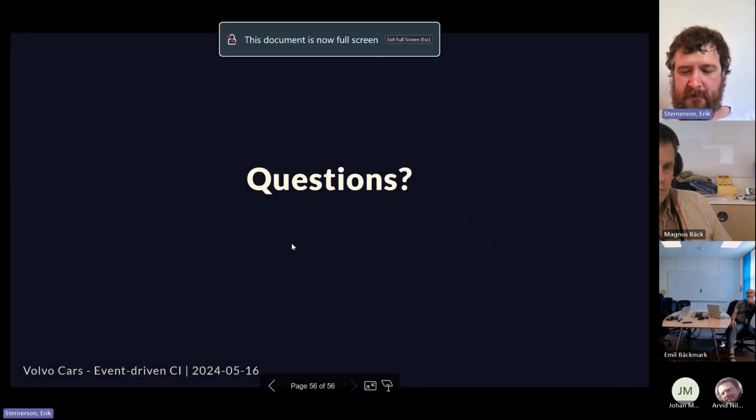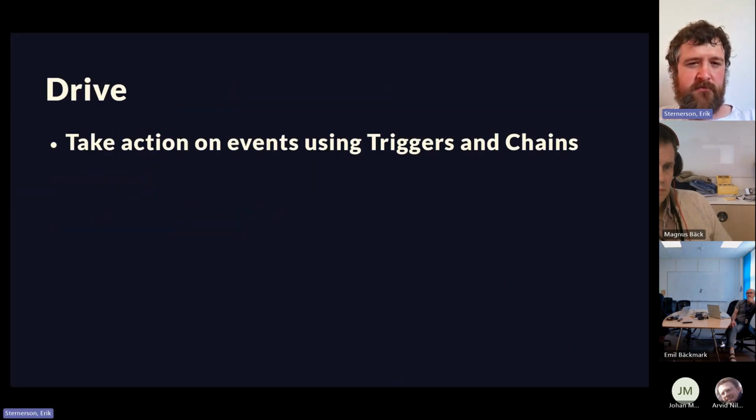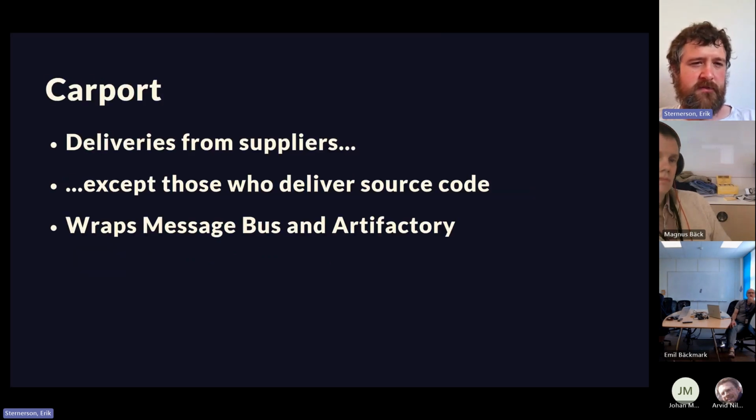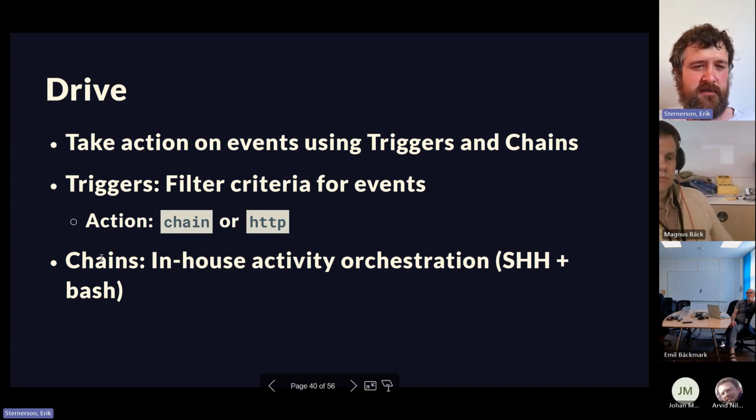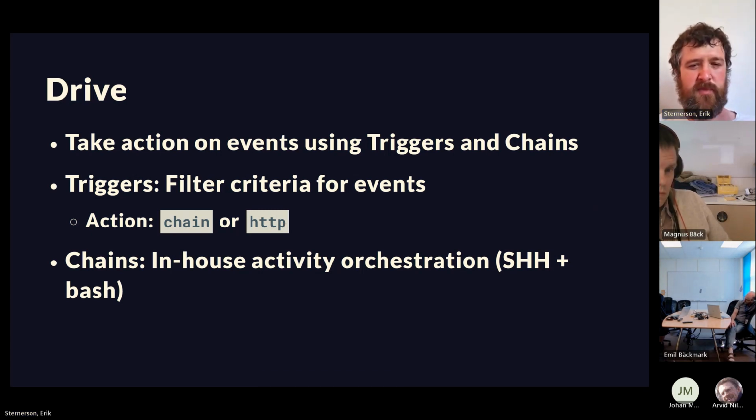No, I can't. If we look at Drive, it really consists of two parts: the triggers and the chains. I should have clarified that. When I say move away from Drive, I actually mean move away from chains. Instead of having triggers call chains, which is the in-house solution, you would have triggers calling Jenkins jobs. So it's still very much event-driven in that sense, but it's not using our own in-house activity orchestration.